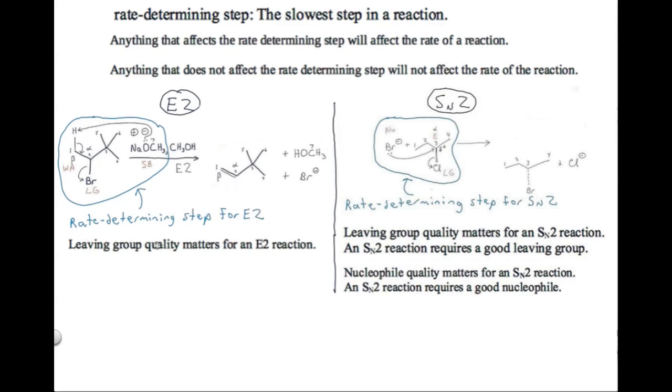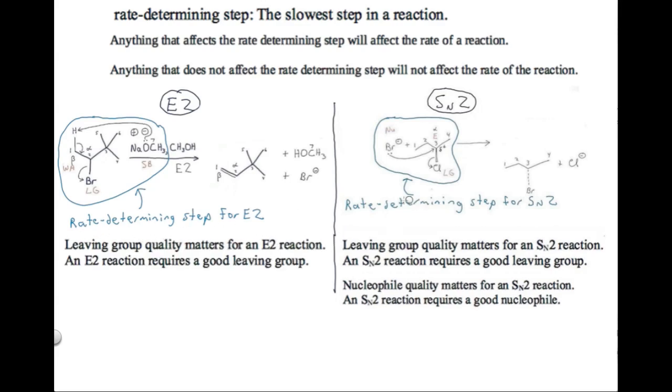Therefore, leaving group quality matters for an E2 reaction. Does an E2 reaction require a good leaving group? Here's the answer. Yes, an E2 reaction requires a good leaving group. Justification: because the leaving group participates in the rate-determining step.